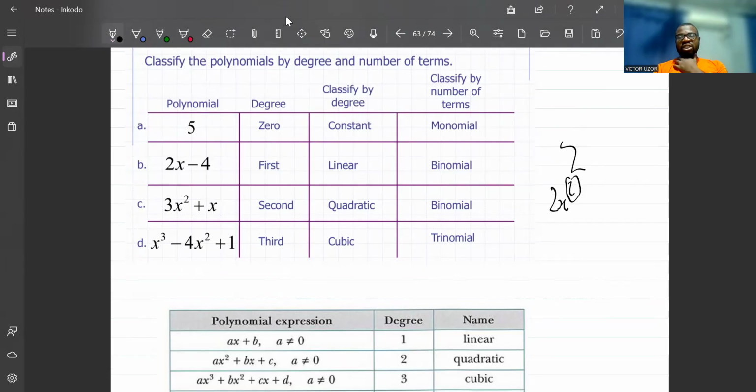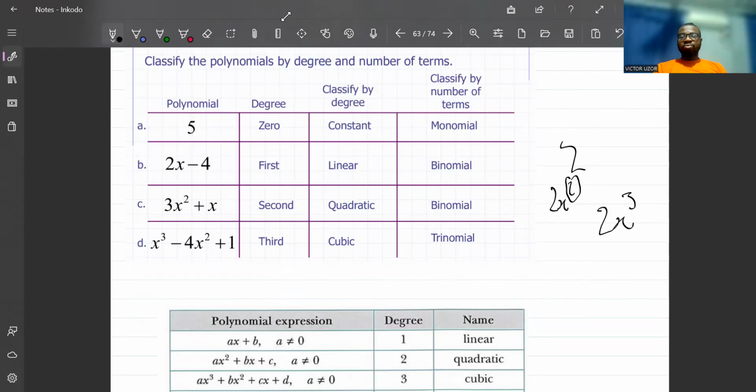When I'm dealing with the degree, it is the highest number, so for 2x cubed the degree here is 3. And 5 is a constant. Classifying by degree, we only have constant. It does not have variables that have a degree.